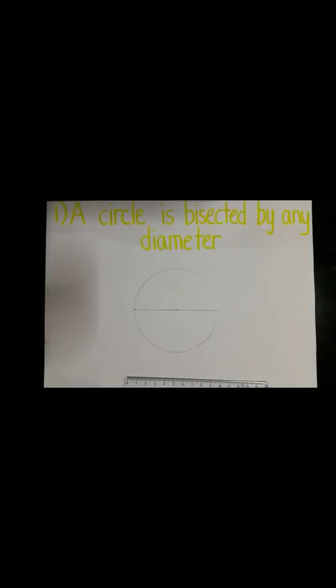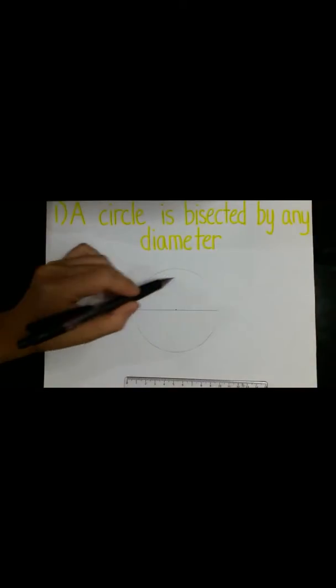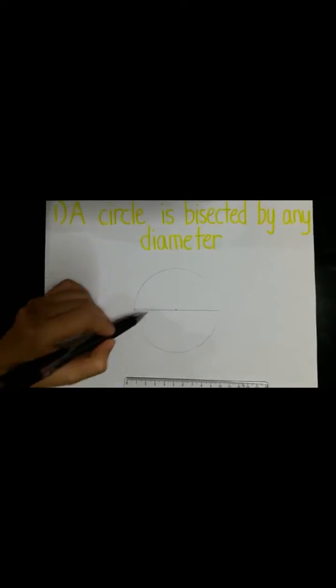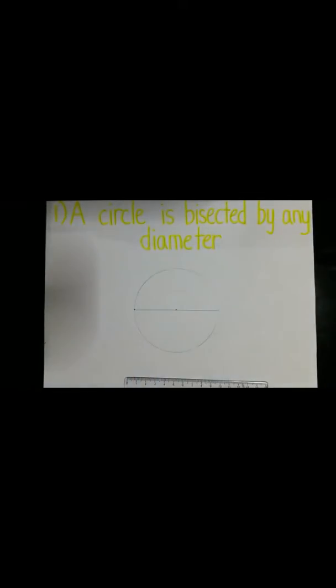And what Thales said was that this diameter bisects the circle. So this half is equal to this half.